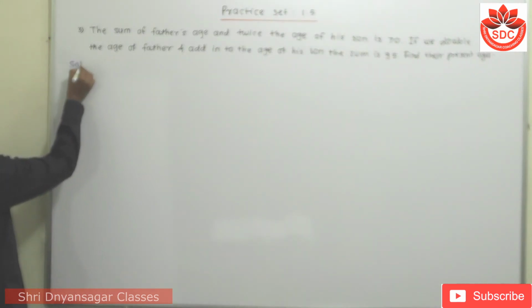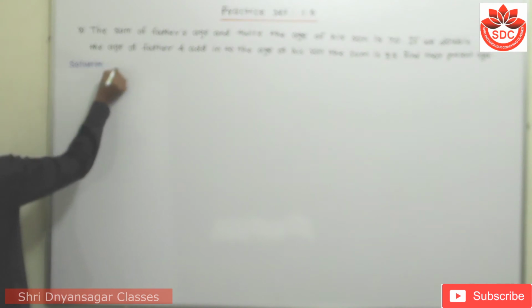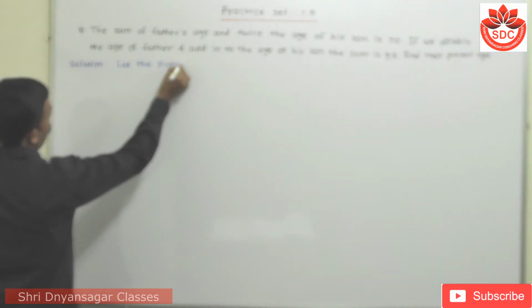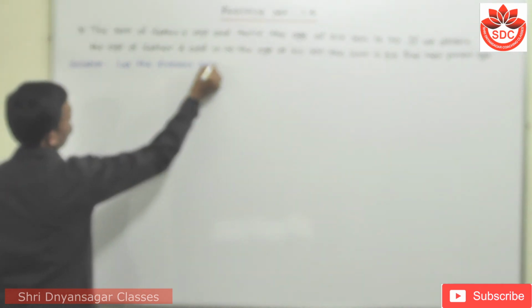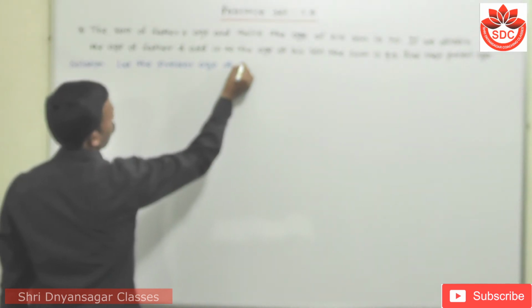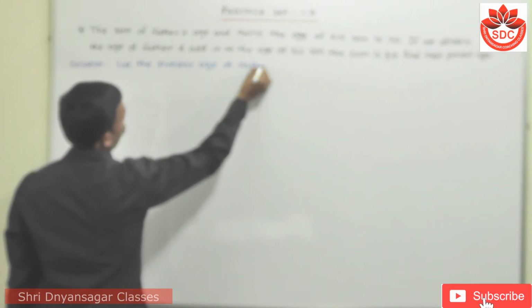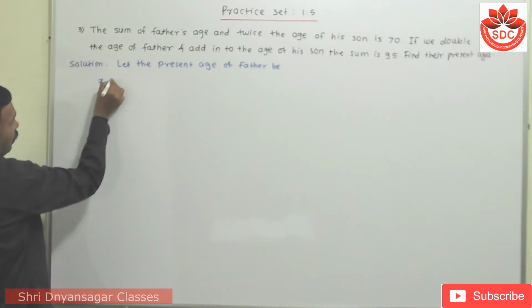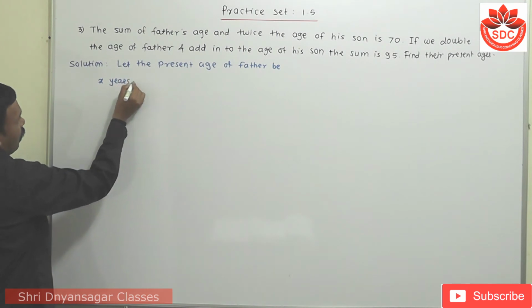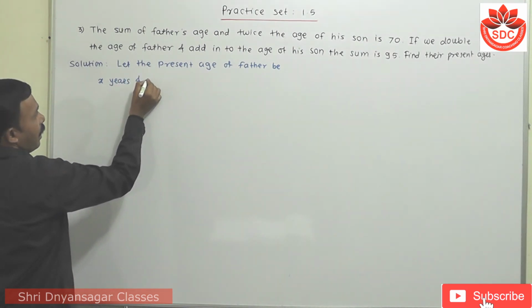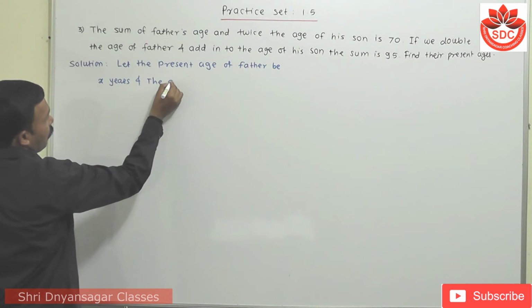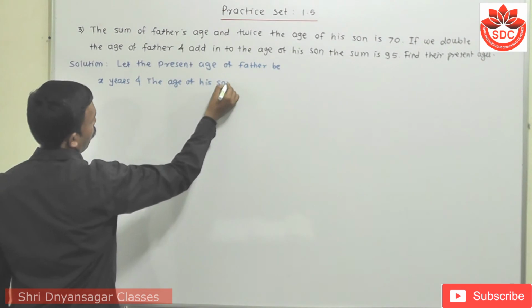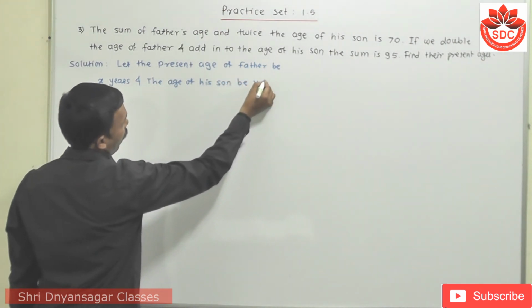So solution. Let the present age of father be X years and the age of his son be Y years.